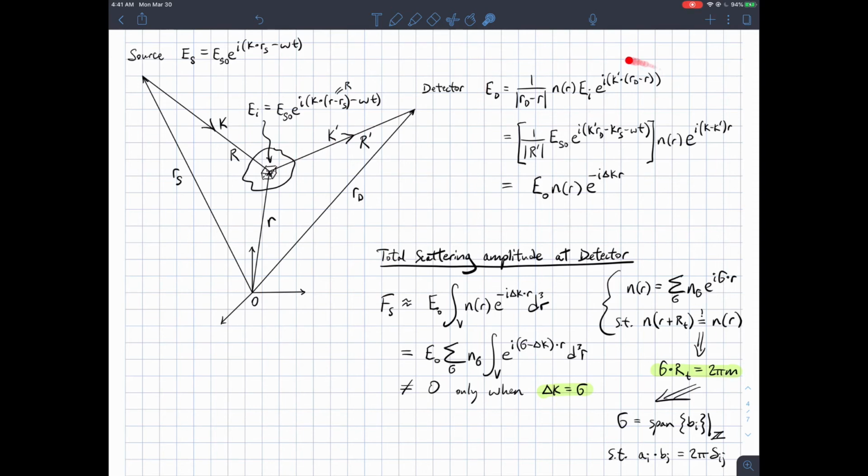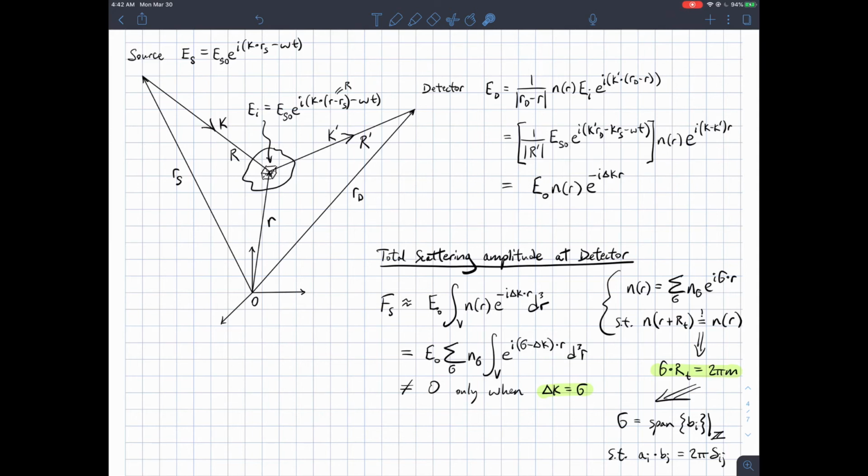That's what we have here. The detector sees a superposition of spherical waves, which of course by Huygens principle ends up being plane waves anyway, but if we look at one at a time, then we have these 1 over r prime, where this r prime is along the k prime vector.